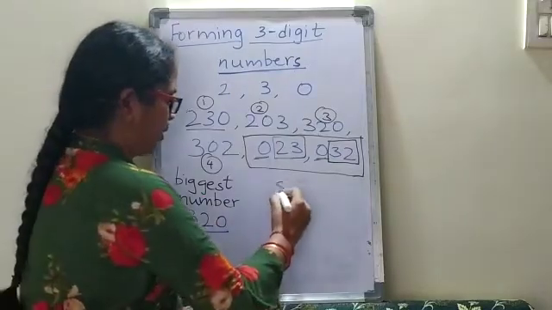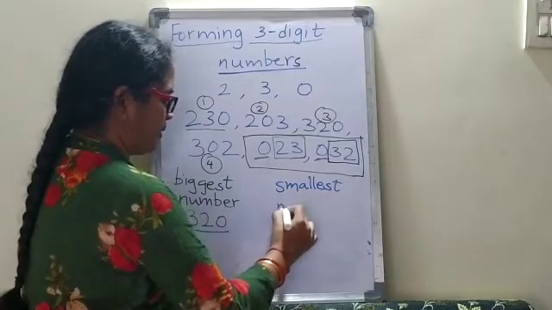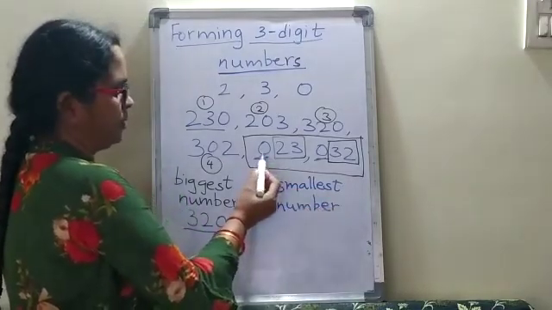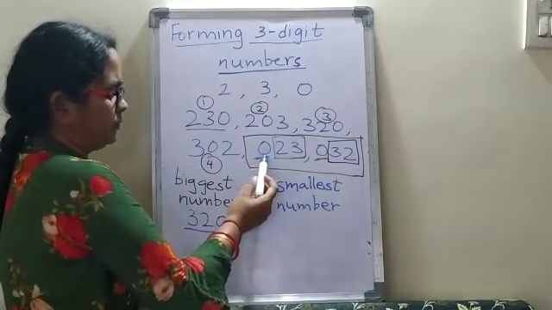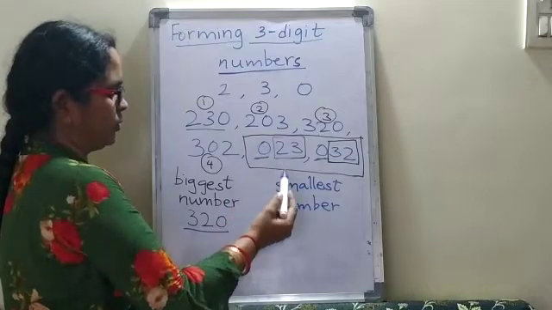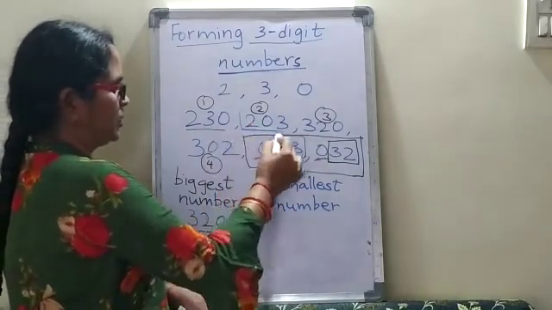Now when coming to the smallest number, I told you we cannot start with 0 because 0 does not have any value if it is in the leftmost digit. So here in these 4 you can see that this is the smallest number.